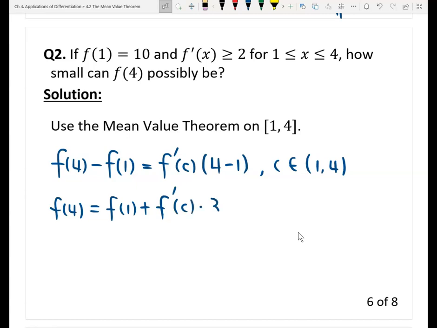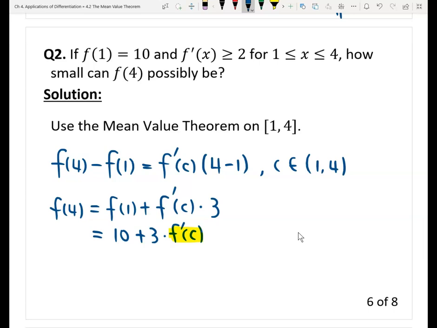Now I will write what f(1) is. f(1) is 10, so it's 10 plus 3, switching the order a little, times f prime at c. This one we already have, and we check the condition: f prime is always greater than or equal to 2.